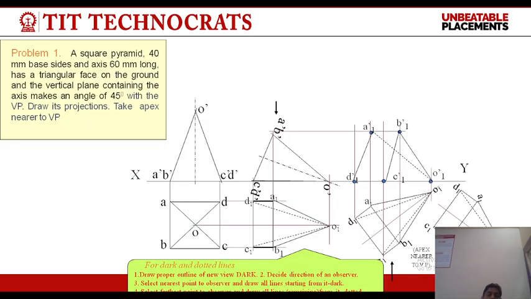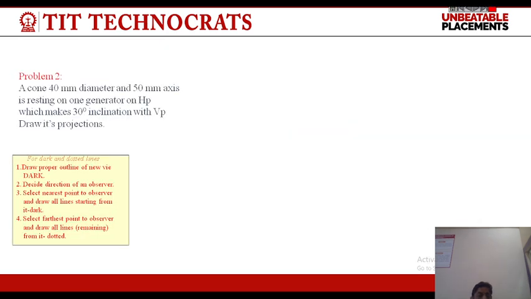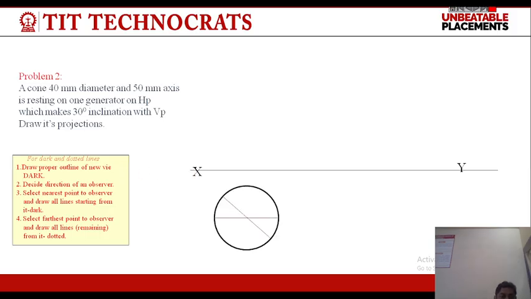This is the actual solution of this question: a square pyramid with 40 mm base side and axis 60 mm. Now, a cone of 50 mm diameter and 50 mm axis is resting on one generator on HP, which makes a 30-degree inclination with the VP. Draw its projection.